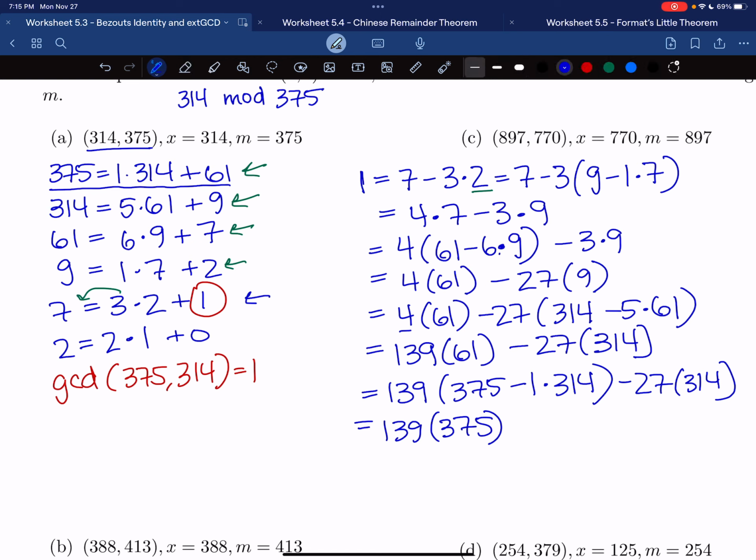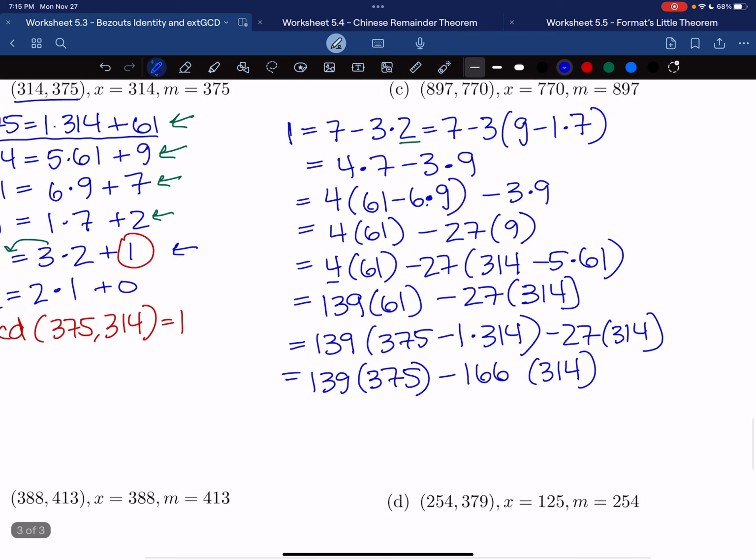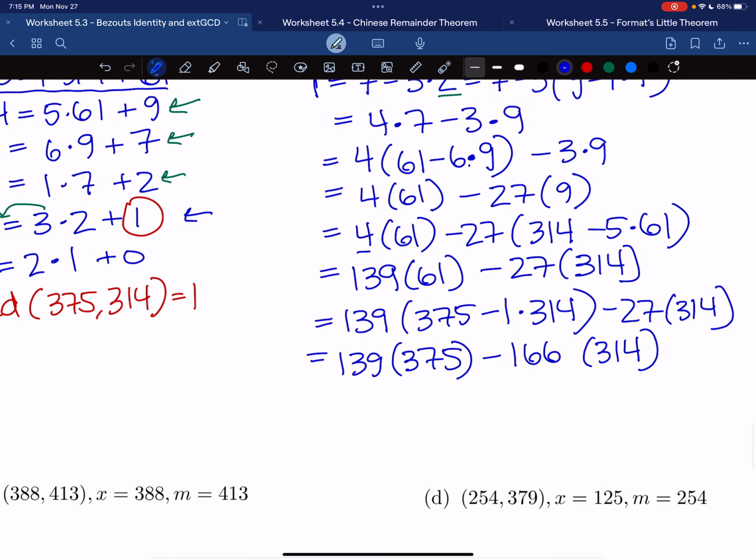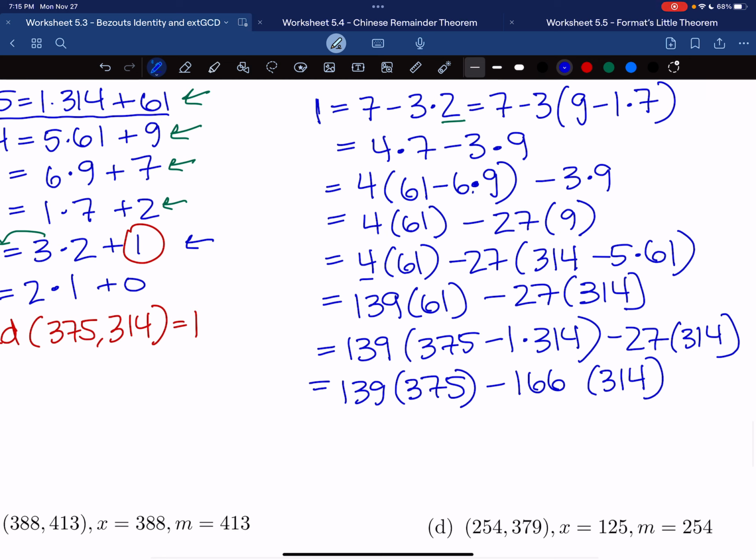So that's minus 166. Minus 166 times 314. Okay, so all of that together just gives us one important thing. It gives us that all of this is equal to 1.